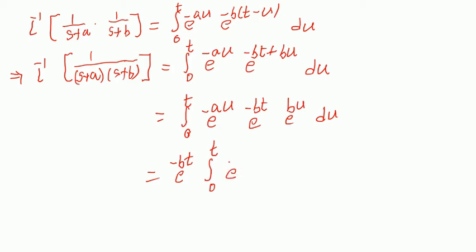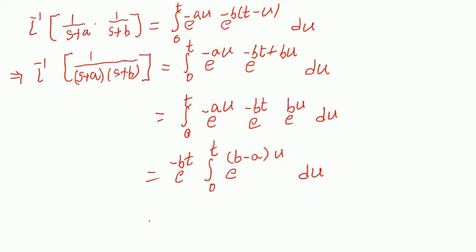Then what will we get? E power b minus a into u, into what is there here? du, right? So here bases are the same, we have to add the powers. In powers, what is that? Bu minus au, we can get u is common, b minus a into u.